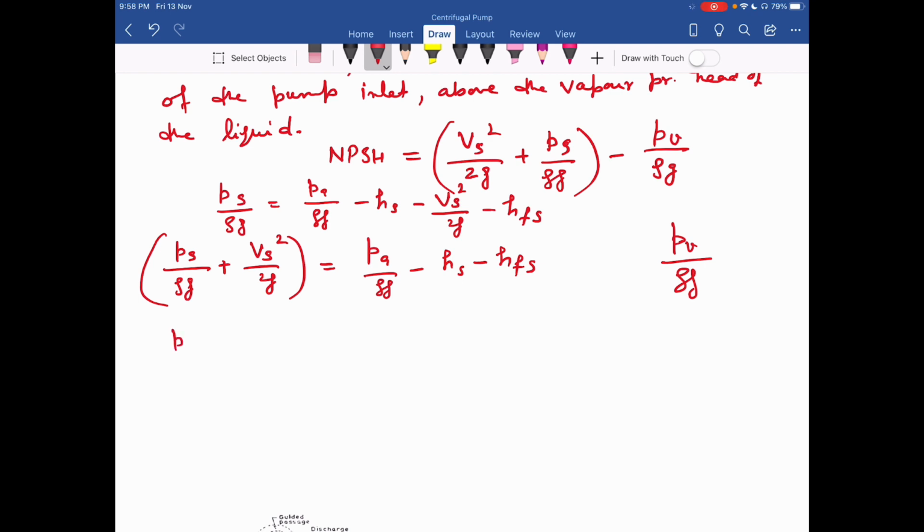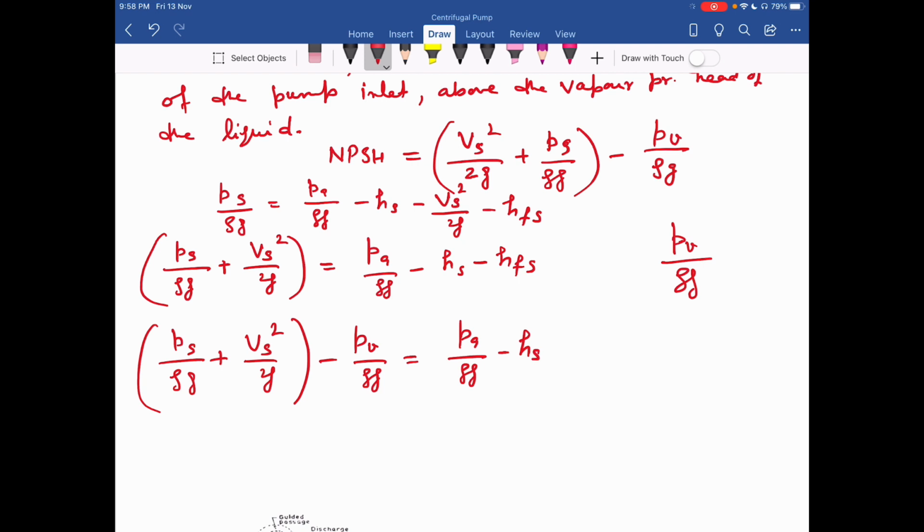Okay, so I can write Ps divided by rho G plus Vs square divided by 2G minus PV by rho G equal to Pa by rho G minus Hs minus HFS minus PV by rho G. Okay, so this term is my NPSH.